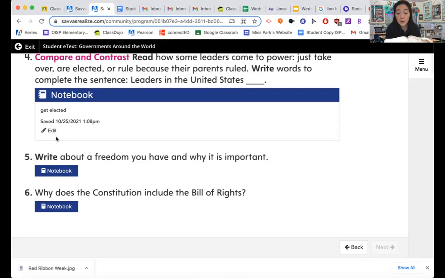These include being free to say and write what we want as long as it does not hurt anyone. Also, we are free to practice any religion we choose. We are free to join in a group, to speak for or against issues, and we are free to vote and to get a fair trial. So write about a freedom you have and why it is important.